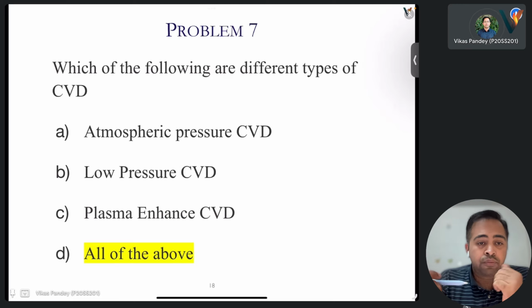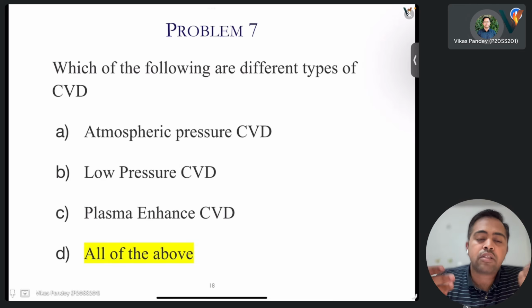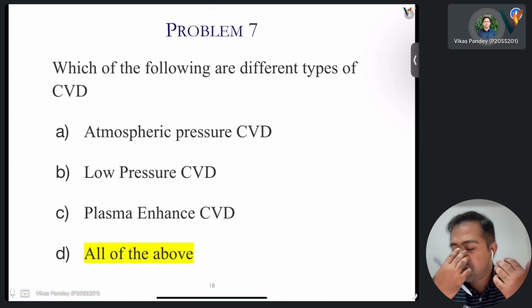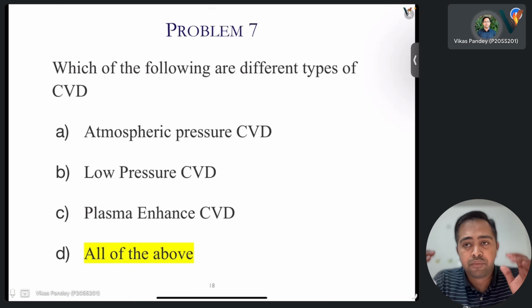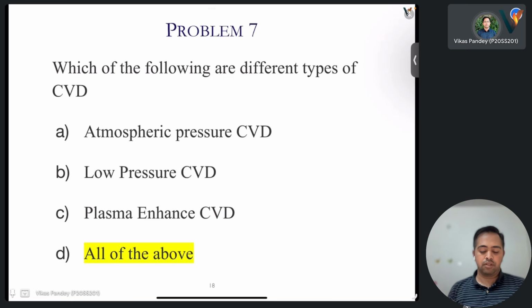Okay? So this is possible. Then plasma enhanced CVD, in which case a plasma is used in conjunction with, it is mostly also low pressure CVD only, but with plasma. So RF plasma or DC plasma to assist the process that is already happening. Okay.